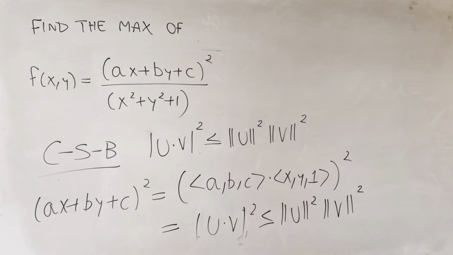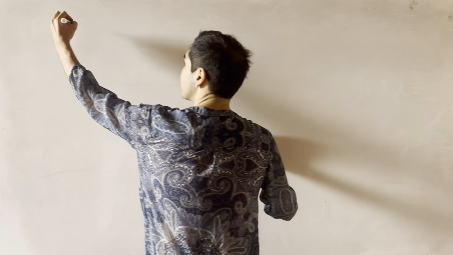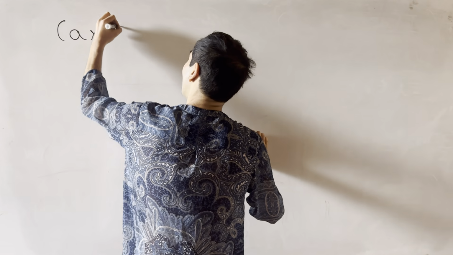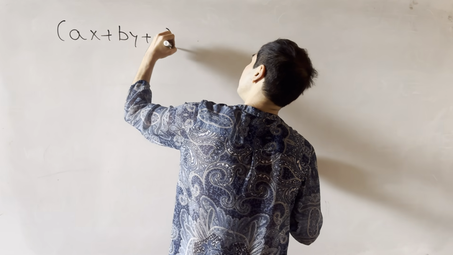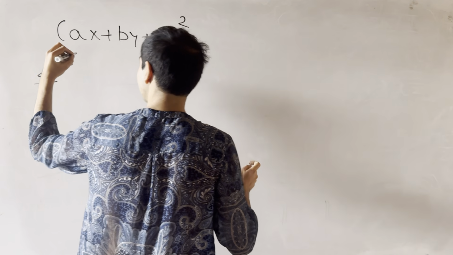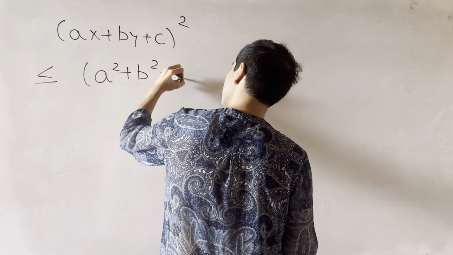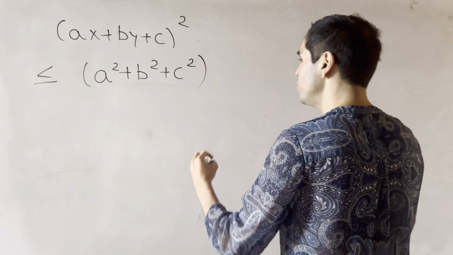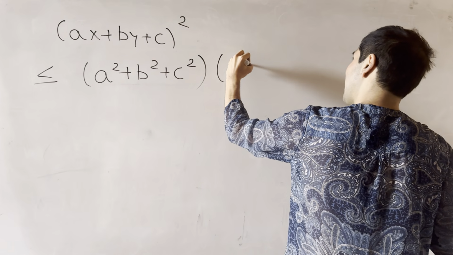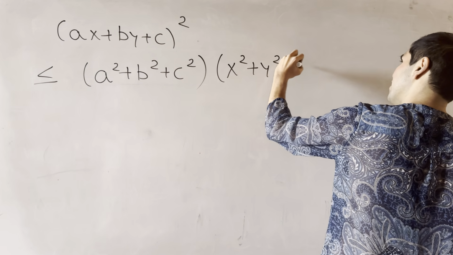And therefore, in this case, we get that (ax + by + c)² is less than or equal to (a² + b² + c²), because that's the length of u squared, times (x² + y² + 1²).